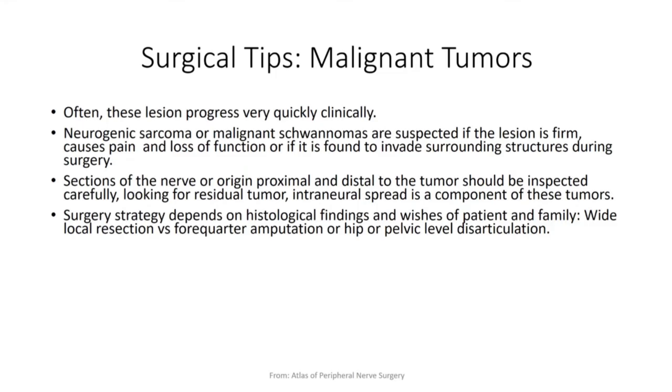Now, the surgical strategy is completely different for malignant tumors. As we talked about, these progress very quickly, and if it's associated with a neural deficit, with pain, or if it's immobile and very firm, there's high suspicion for malignancy.